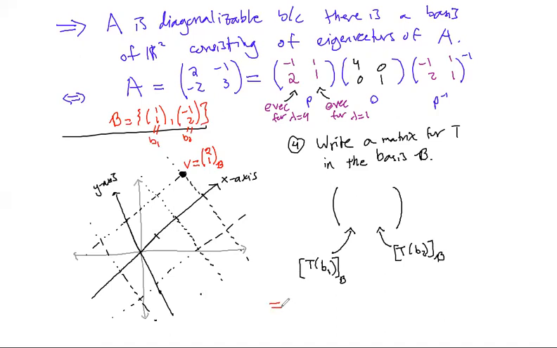So T of B1, we want T of 1, 1. We already have a matrix for T in the standard basis, so we can just multiply A times 1, 1. We could multiply this out if we wanted, but we actually know something about 1, 1. It's an eigenvector. So this should just be 1, 1 scaled by your eigenvalue.